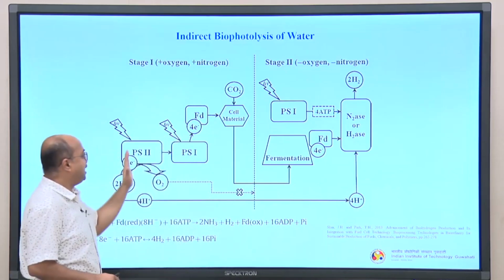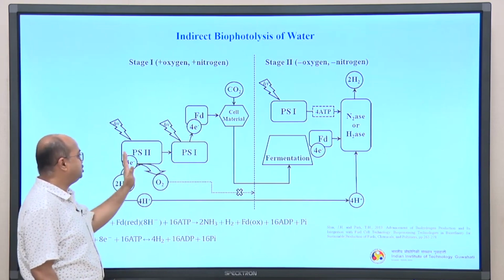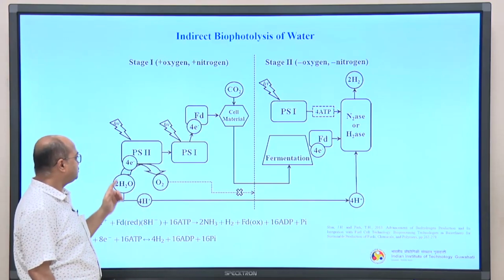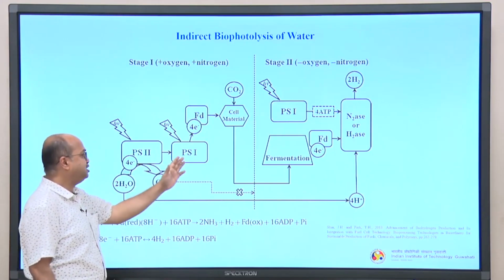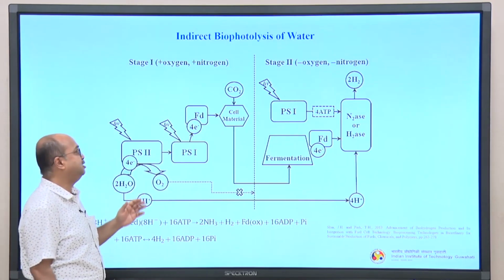Okay. So, again the same as we have just shown during the direct photolysis, PS2 and PS1, photosystem 2 and photosystem 1, are doing the job. PS2 is getting the electron directly from the water, right. Then PS1 is getting the electron from the PS2 system, right.